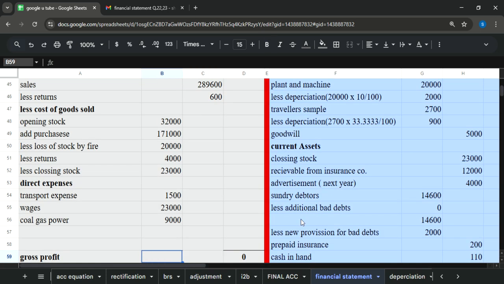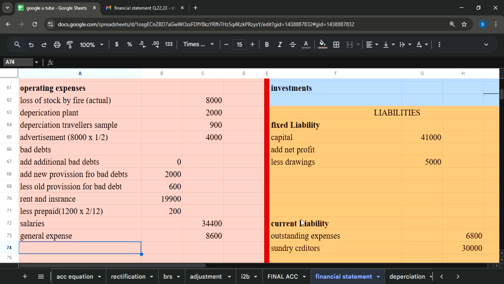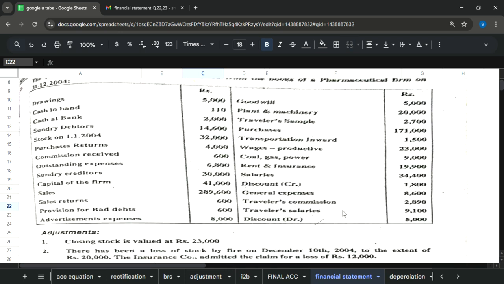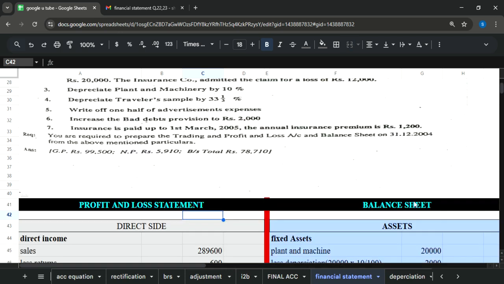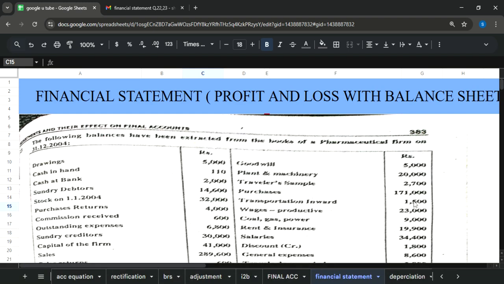So we'll go to operating expenses, and here travelers commission, amount of which is 2890, and you will be mentioning in front of travelers commission.